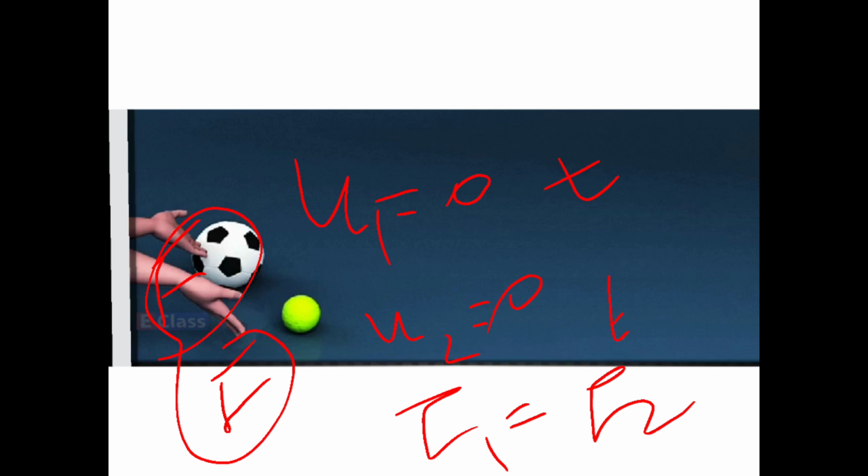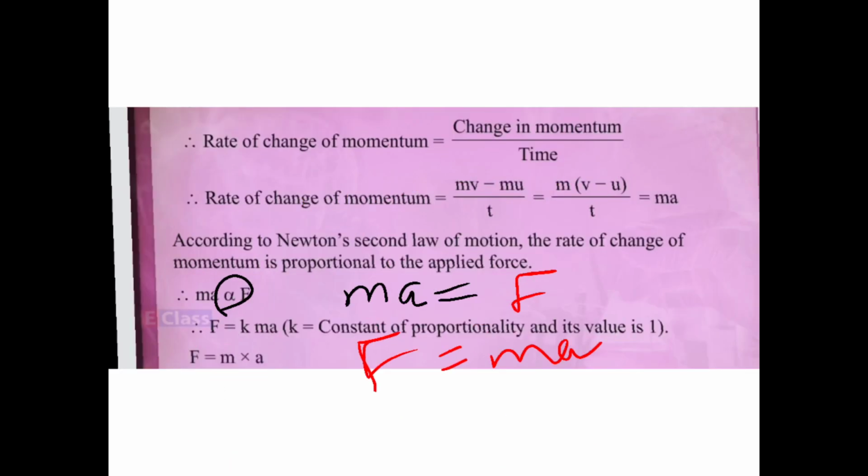That is Ft. Thus when the same force is applied on different objects, the change in momentum is the same. See, I am not saying the momentum is the same, I am saying the change in the momentum is the same, because we observed that the change in the momentum is nothing but the force part, right? If you apply the same force on both, the change in the momentum will also be the same.